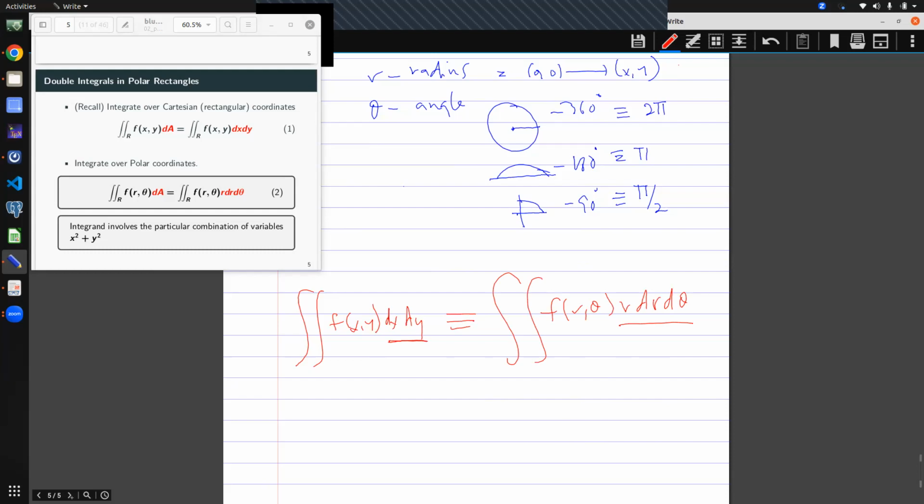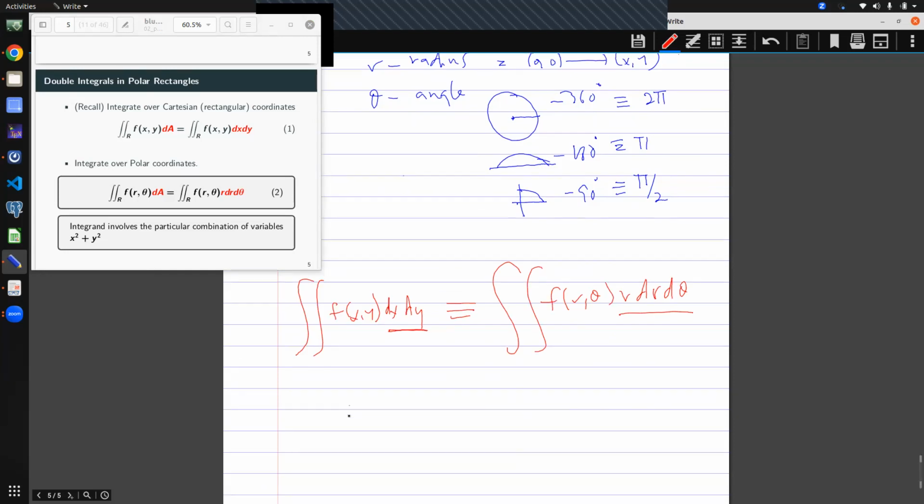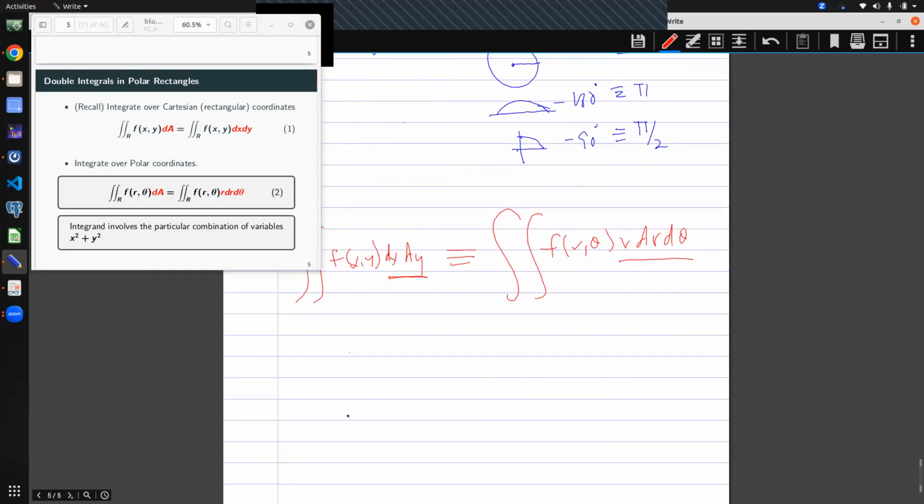Someone will then ask, how do I know I have to move to polar? Do I always have to draw the domain and see whether we have a full or a half circle, or just one sector of it? If you can draw, you draw.